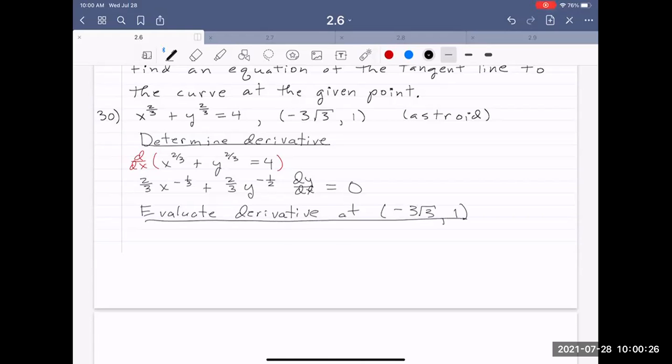Wherever I see an x, I'll replace x by -3√3. Oh, that's horrible.